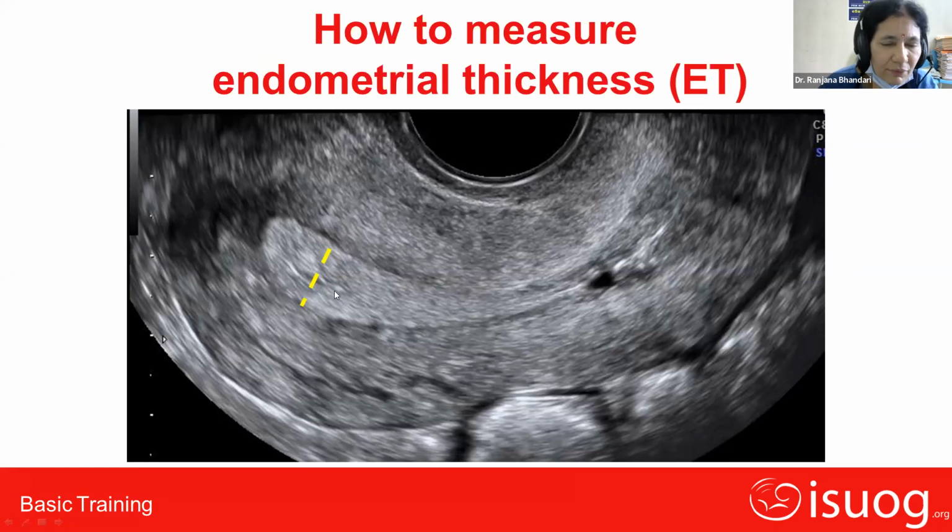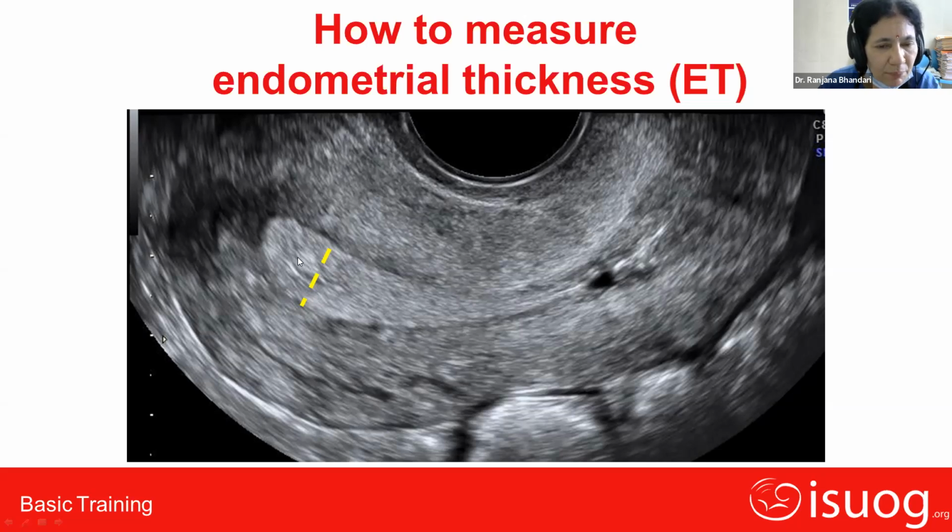So whenever we take endometrial thickness, the probe has to be in the mid sagittal plane, first thing. Second thing, we have to take the widest part of the endometrium. Third, we have to see the endometrium from the fundus till the cervix. Fourth, the endometrial thickness has to be taken perpendicular to the plane of sagittal view.